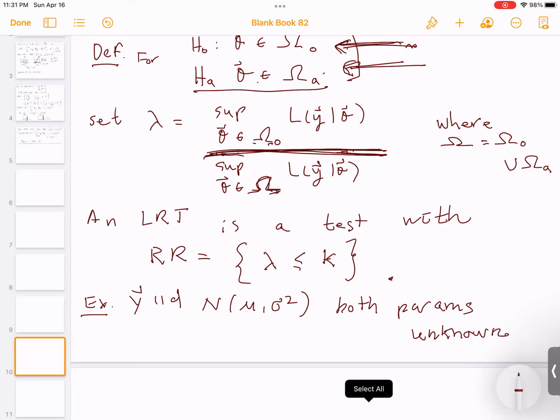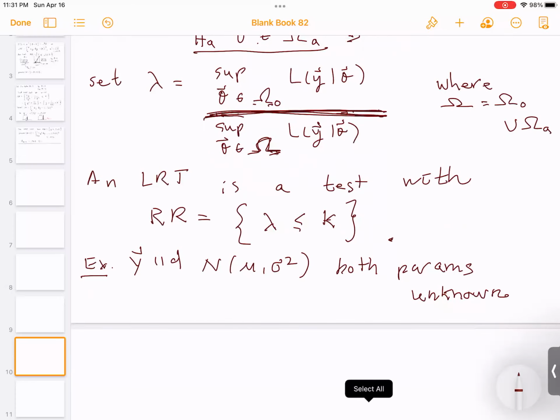If you want, you can think of theta as the two-dimensional vector, mu and sigma squared. And we want to test H0 mu equals mu 0 versus HA mu greater than mu 0. So we're only testing about mu, but certainly not knowing sigma squared is going to affect our inference, right?